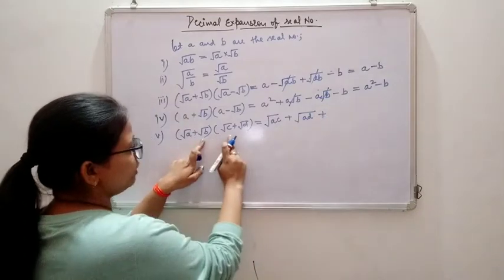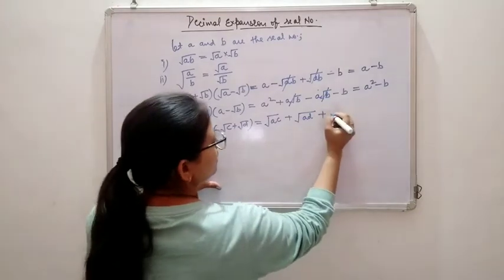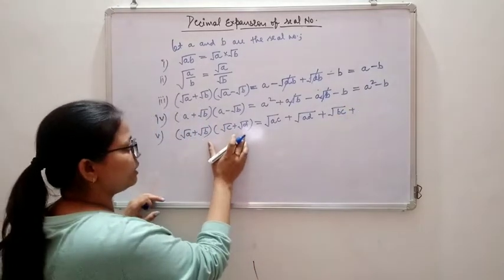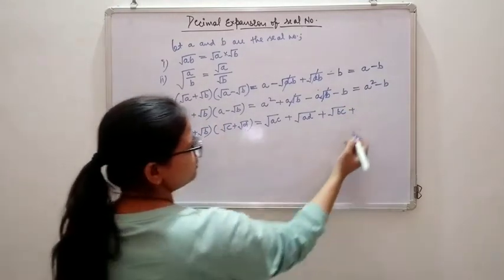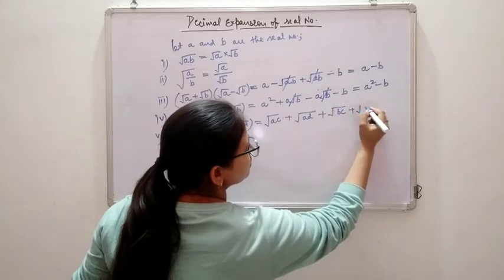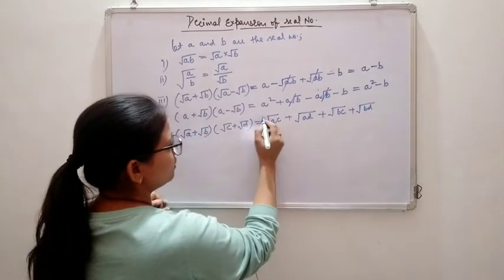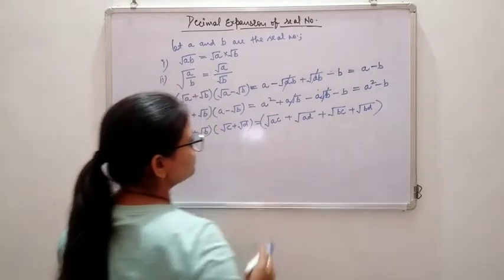Now multiply root B by root C, this will be root BC, and now multiply root B by root D, so root BD. So this is the final result, right?